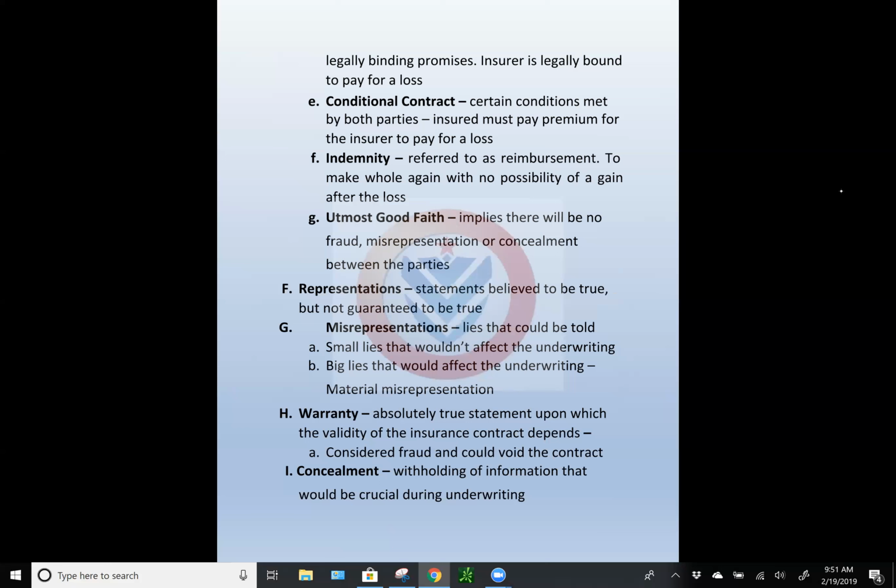That material misrepresentation, that statement now becomes what's called a warranty, an absolutely true statement upon which the validity of the insurance contract depends, which could be considered fraud and could void the contract. Concealment is concealing something, withholding of information that would be crucial during underwriting. So not coming out and telling a lie, just not giving all the information.